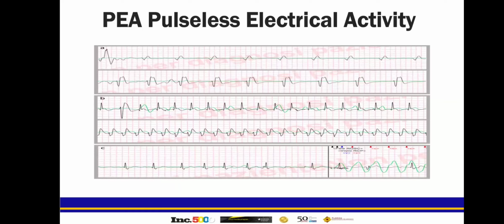In other words, you can see an electrical activity and identify a rhythm, but the patient has no pulse. They're dead. So again, you're going to treat them with CPR and ACLS. So that's what PEA, or pulseless electrical activity, means. There is an organized cardiac electrical activity, but it's not creating the contraction, and therefore there is no pulse.